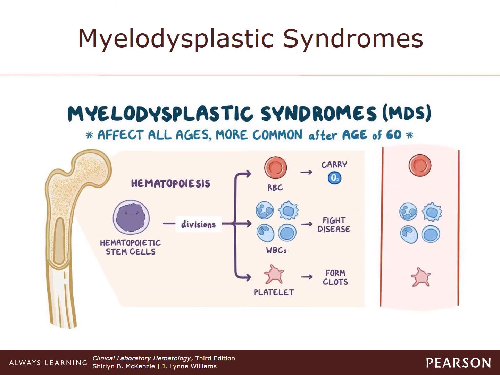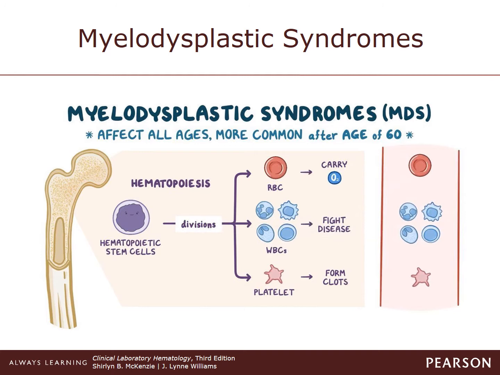The mutated stem cell produces a pathological clone of cells that expand in size at the expense of normal cell production. Because each mutation produces a unique clone with a specific cellular defect, MDSs have a multitude of expressions.